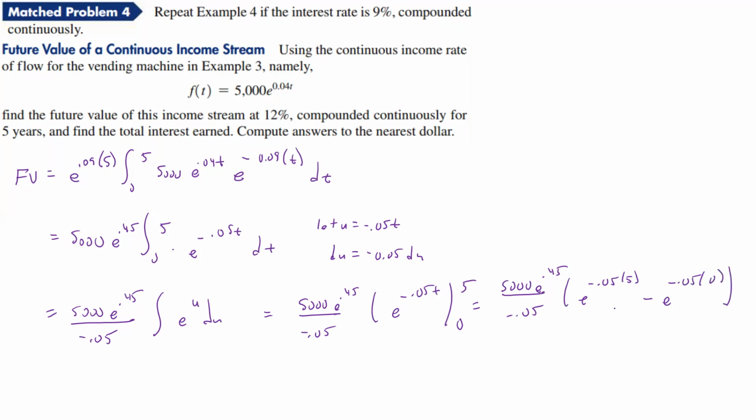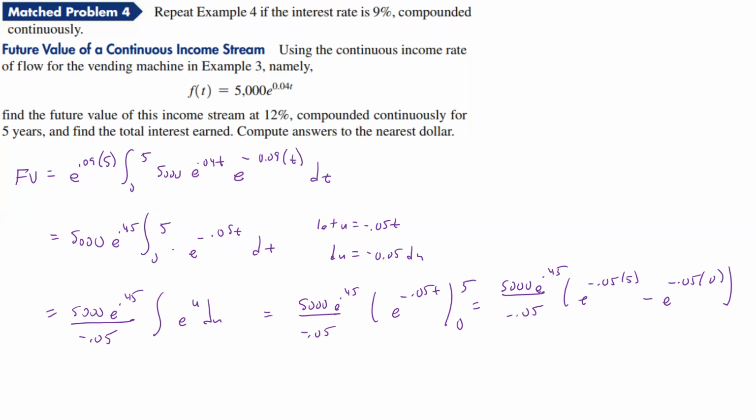All right. And so now I better start typing that into my calculator. So we have 5,000 e to the 0.45, divided by negative 0.05, times e to the negative 0.05 times 5, minus e to the 0, which is 1.